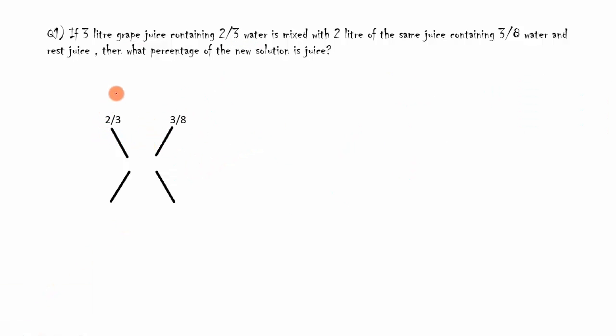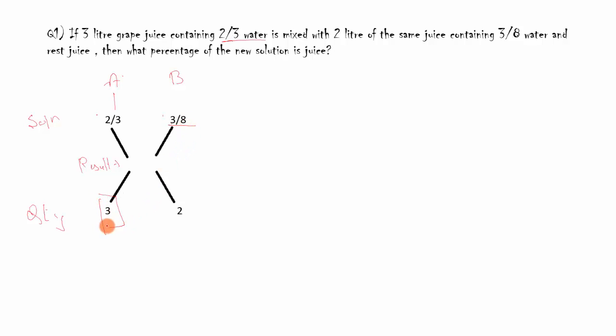So here we have the solutions that we are going to mix, the quantities, and the resultant. The first solution has concentration 2 by 3 water, and the second has 3 by 8 water concentration.